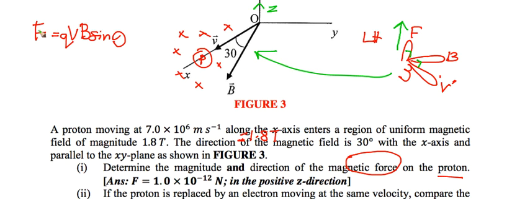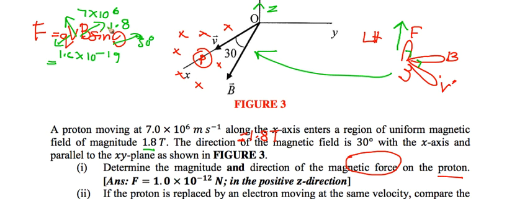So what happens to the force? The force acts on the proton. The magnitude of Q for a proton is a constant value, 1.6 exponent minus 19. The speed of the proton is 7 exponent 6 meters per second, the magnetic field is 1.8 Tesla, and the angle gives sine 30.